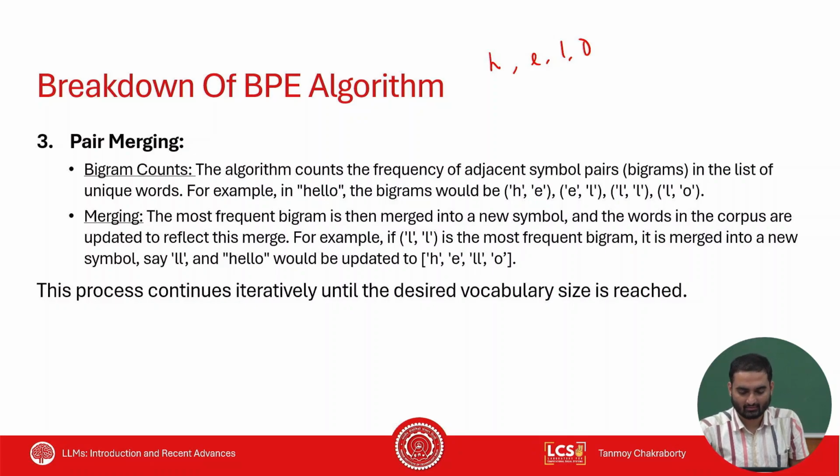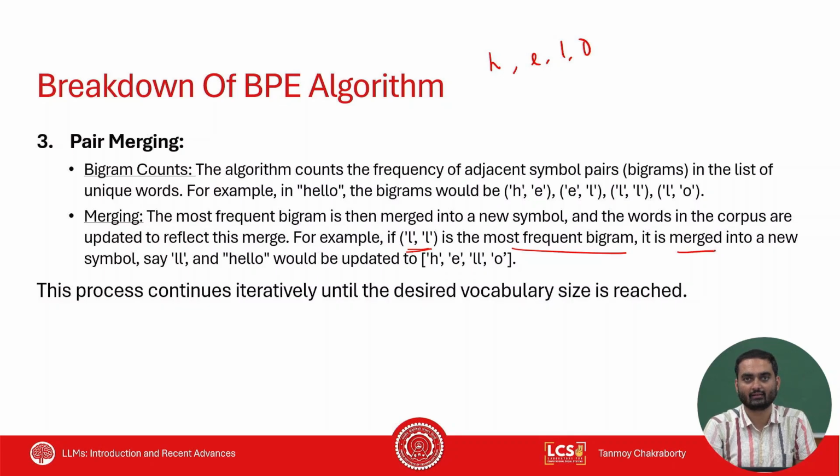From all possible character combinations, we choose the particular combination whose frequency is high in the training set. I'll explain what high frequency means. Let's say, for example, the combination LL appears most frequently among the bigrams. So LL is the most frequent bigram in the training set.